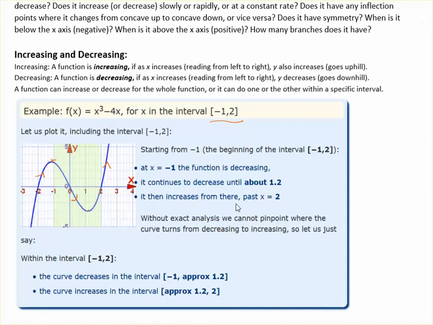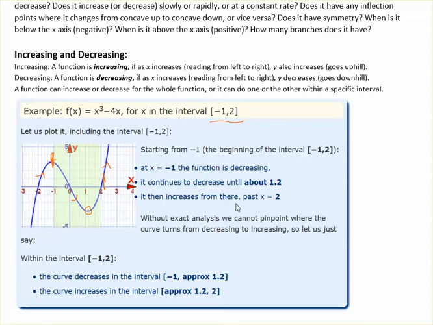So in this example problem, they want you to look at when it is increasing and decreasing from -1 to 2. So here's -1, and here's 2. They shaded it that kind of light green color. And within that part, the function decreases first and then it increases. And we can tell approximately where it stops decreasing and starts increasing again.